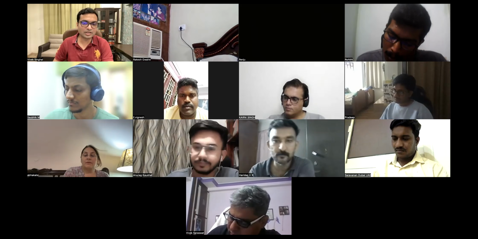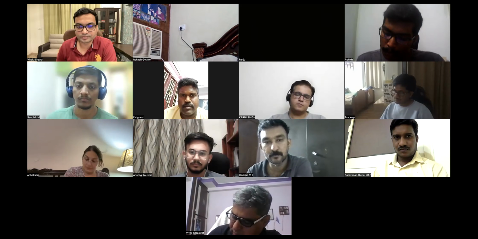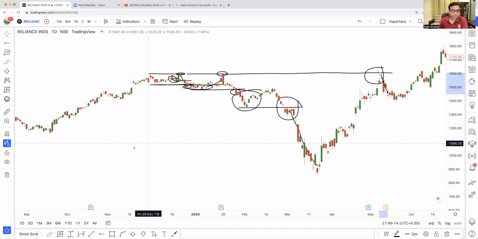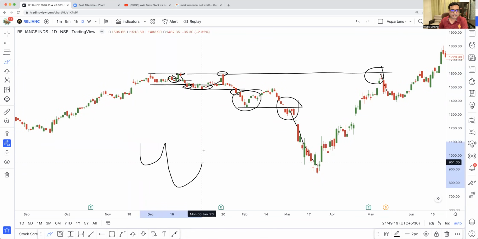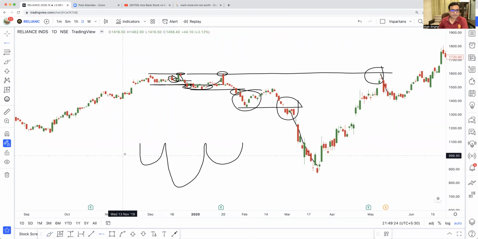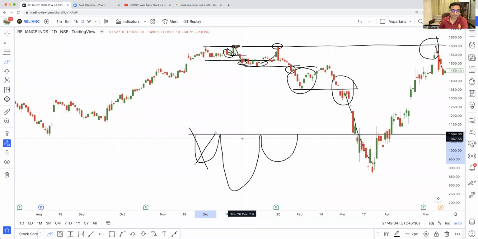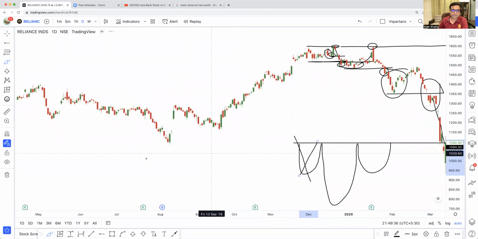Again, this strategy is very similar to reverse head and shoulder pattern with a very few differences. For example, this is a reverse head and shoulder pattern, right? But if there is no left shoulder, then it will become the cup with handle pattern, right?